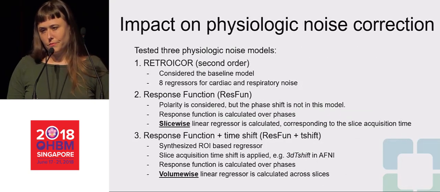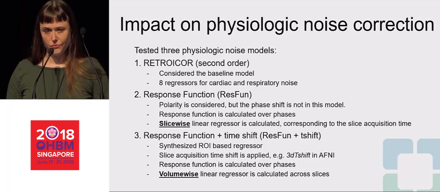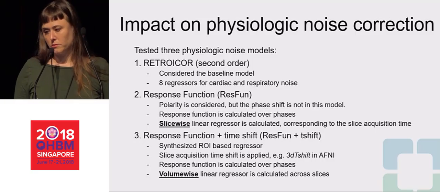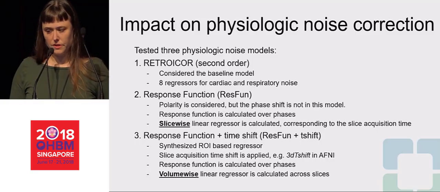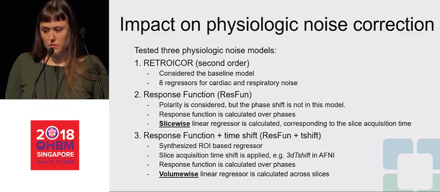So we were thinking about what is the impact of this on physiologic noise correction models. For our own interest, we compared three models. First, we used retro-ICOR, with second-order regressors. Then we looked at a model that we called response function. This model considers polarity.